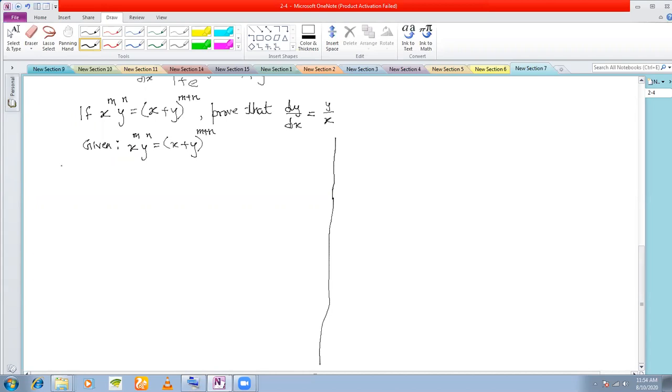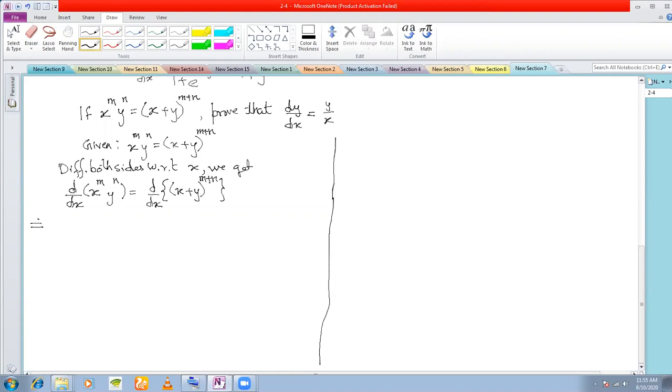So differentiating both sides, implicit functions, remember, differentiating both sides with respect to x, we get ddx of x to the power of m, y to the power of n is equal to ddx of x plus y to the power of m plus n.